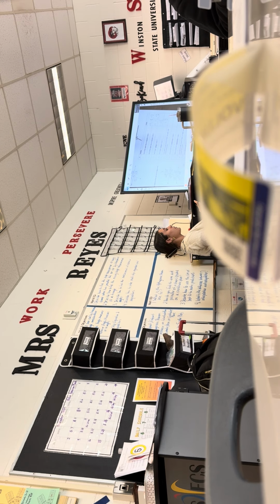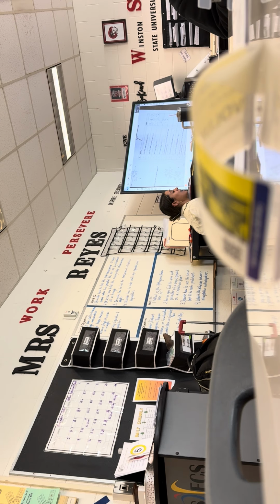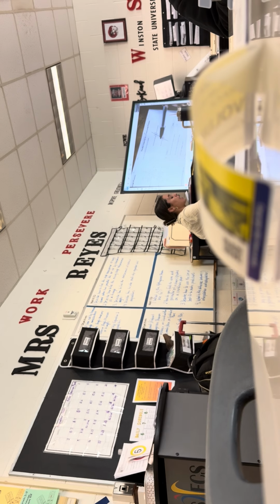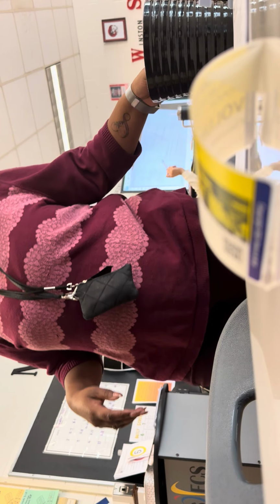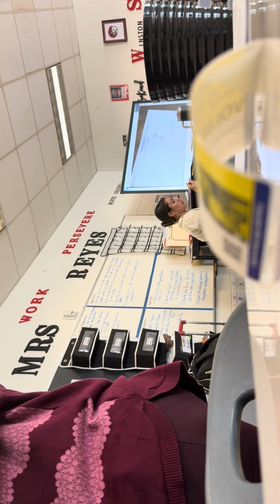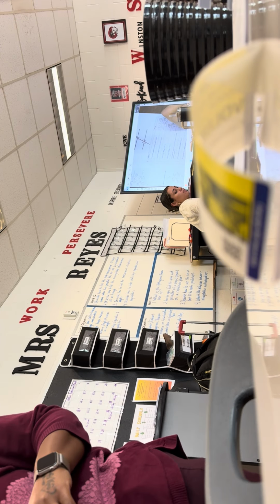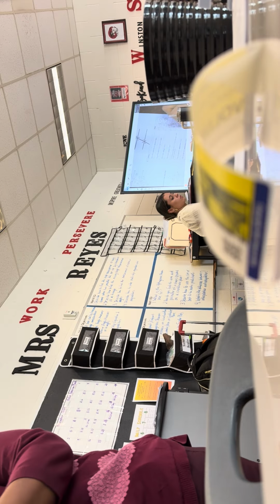Alright, number 5. If you added the angle measures of angle E and angle F, what number would you get? So let's go back up here and we look at E and F. If these two are added together, what should we get? 180. Good job. Alright.